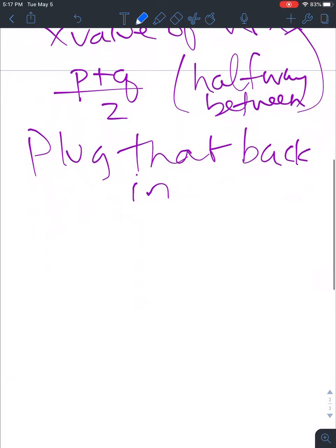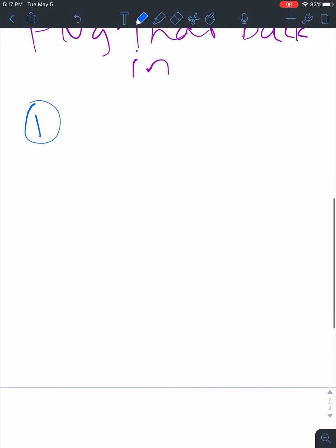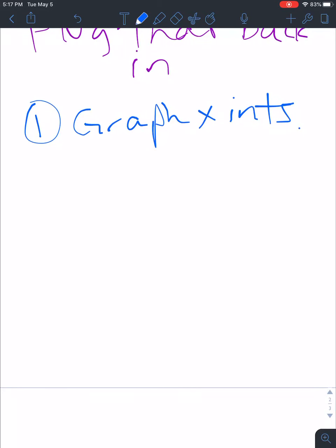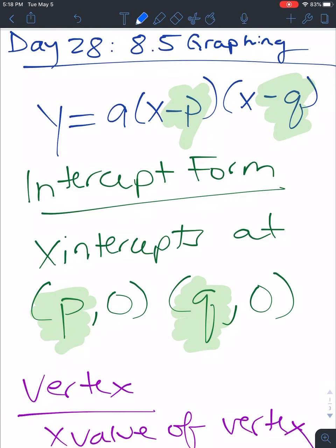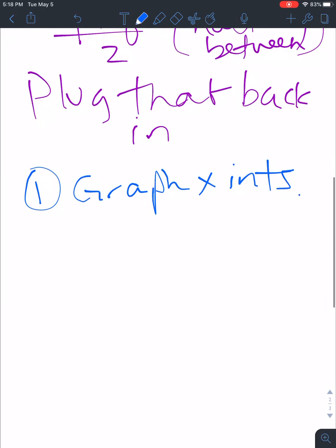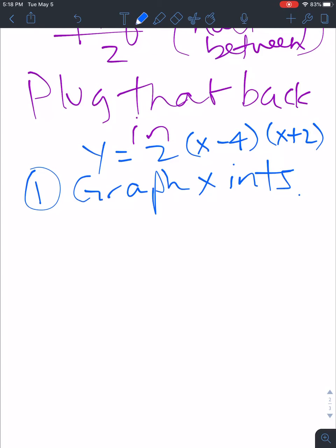So I told you that you had 3 steps in order to graph. Step 1, graph your x-intercepts. I'm going to be abbreviating intercepts as ints, I-N-T-S, because intercept is a long word. All right, so you're going to graph your x-intercepts as your first step. Because remember, they're given to you in your function, right? So if we had like y equals 2 times x minus 4 times x plus 2, right?